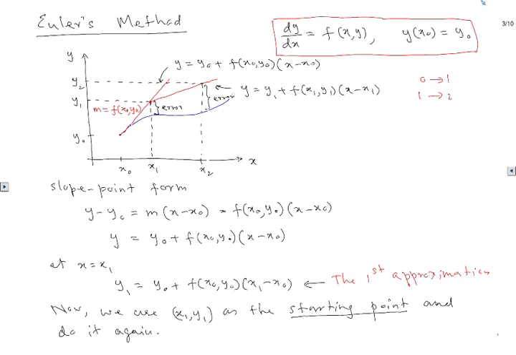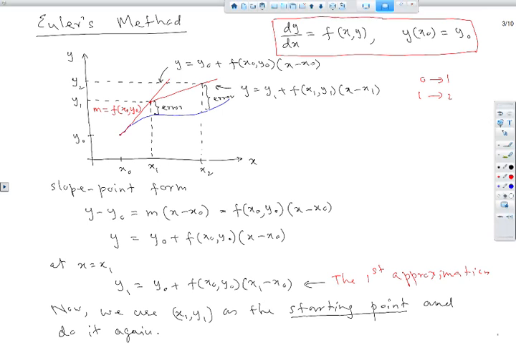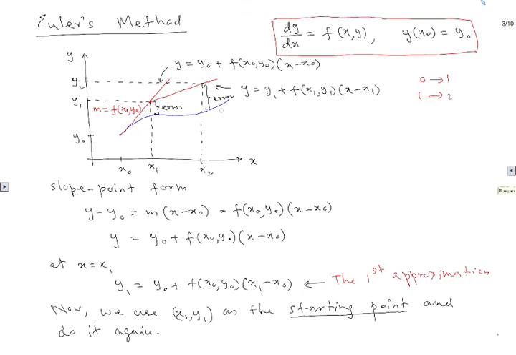But in general the error can get larger and larger, because this is the exact solution, the actual solution that we don't know. So error can get large.